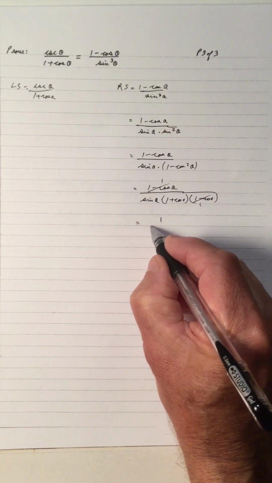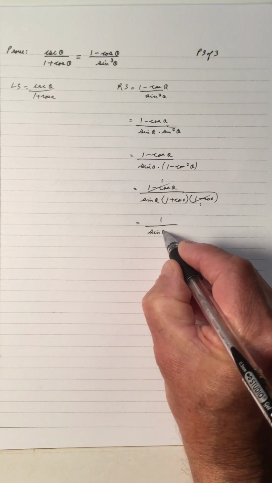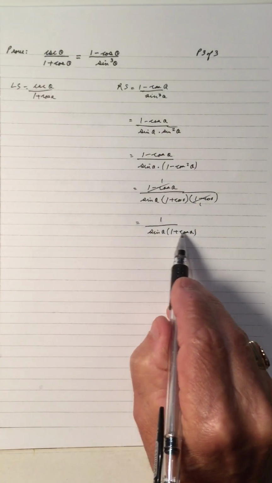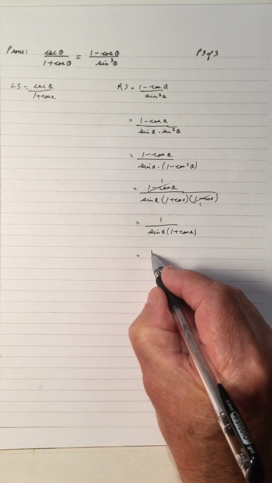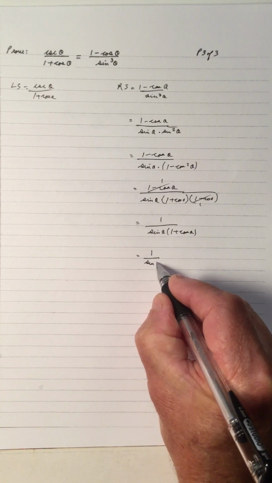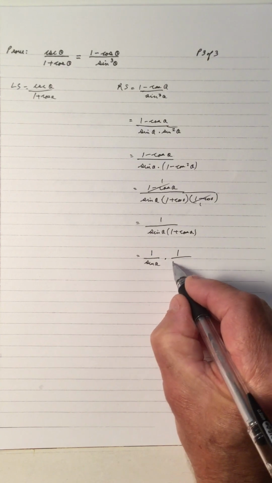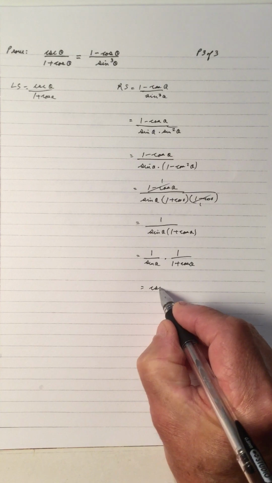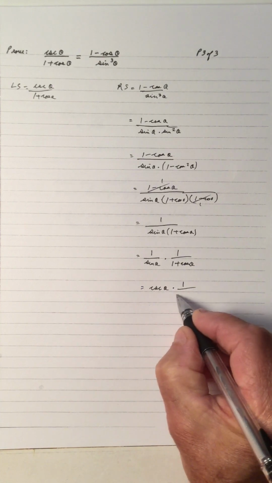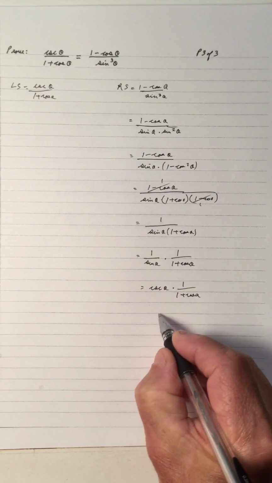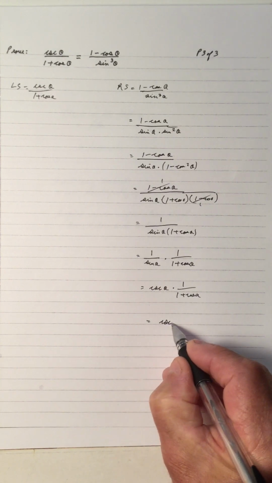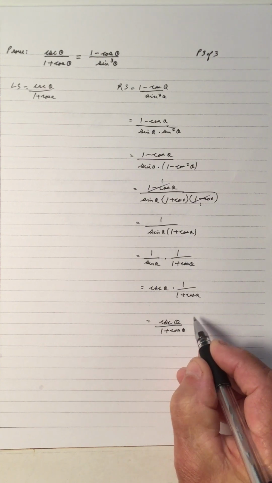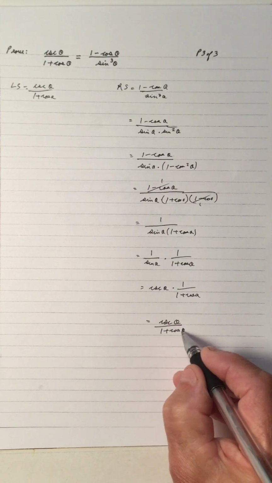So I get 1 over sine theta times 1 over 1 plus cos. And 1 over sine is cosecant, times 1 over 1 plus cos theta. And that gives us cosecant theta over 1 plus cos theta.